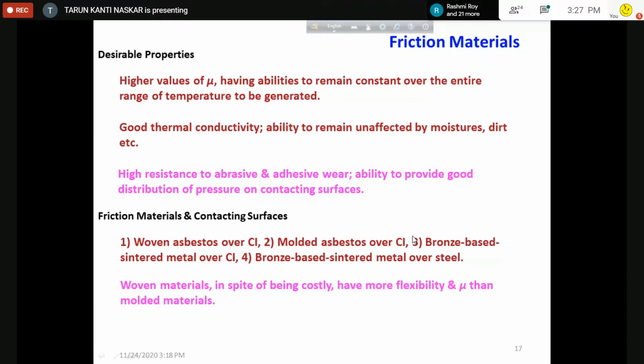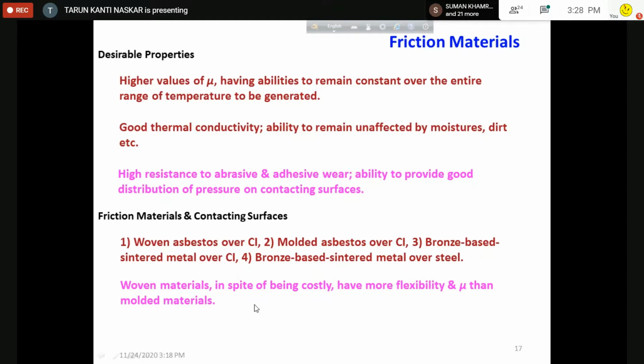Molded asbestos over CI. The plate is CI. Bronze-based sintered metal over CI. This is the friction material. Bronze-based sintered metal over steel. So steel and CI are the plates.